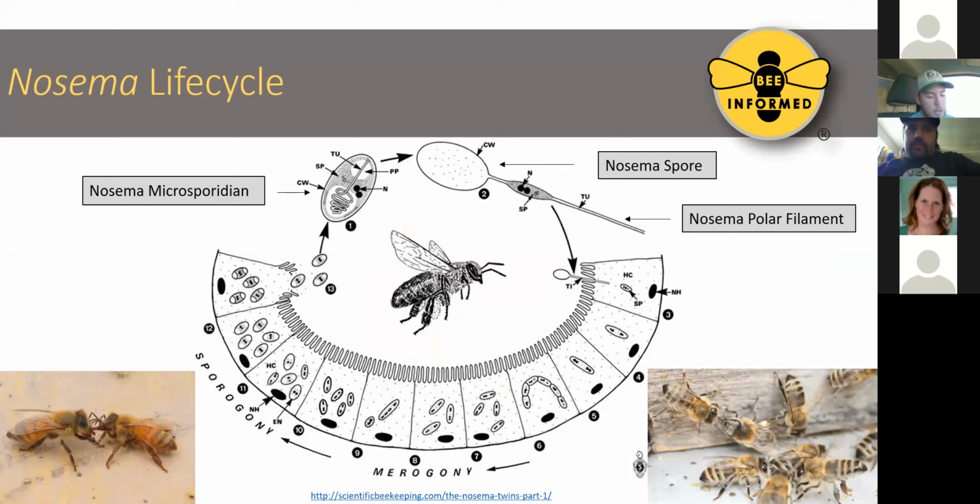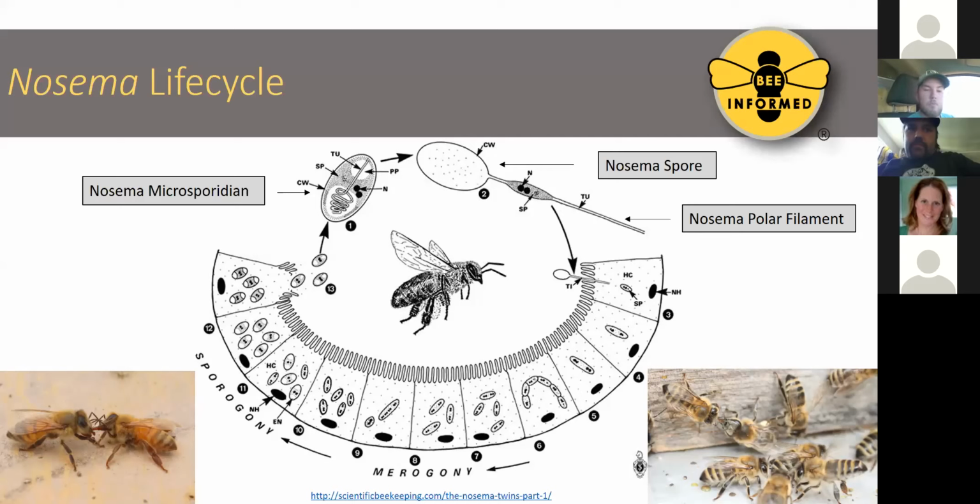Okay, so now we're going to get into the life cycle a little bit. Nosema spores enter the midgut through contact with other bees via trophallaxis, which is mouth-to-mouth contact, or presence of feces in the hive environment. Once the Nosema cell reaches the folds of the midgut, it'll shoot that long polar filament into an epithelial cell, into a midgut cell.